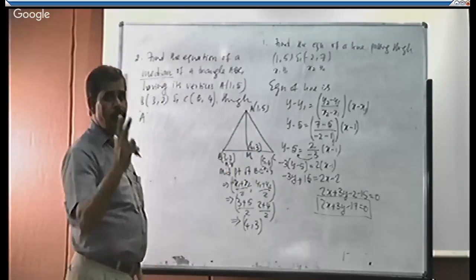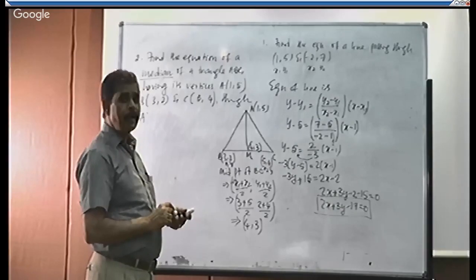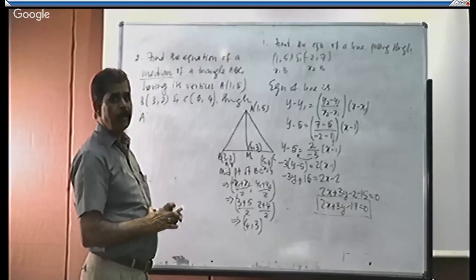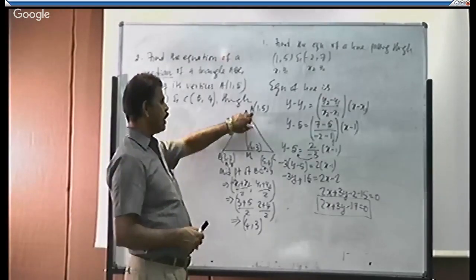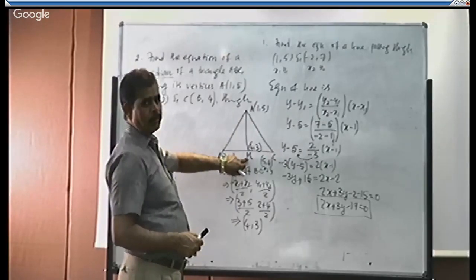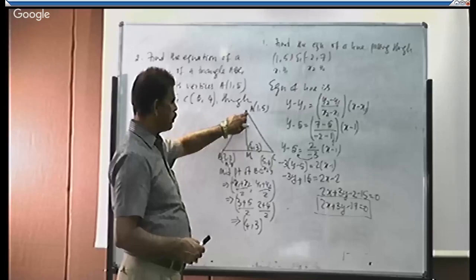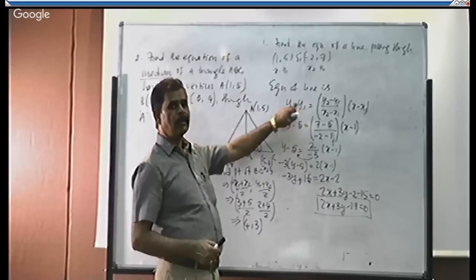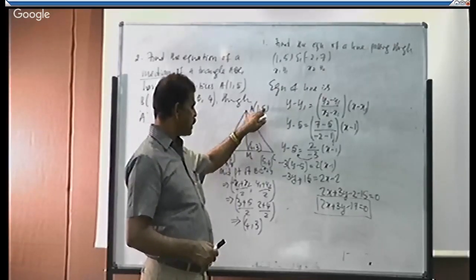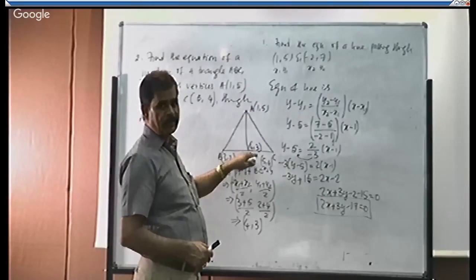Now we have two passing points of the median, the two ends of the median we obtained. One is A, the other one is M. So how to get the equation of median AM? Use the 2-point formula, substituting these as x1, y1, x2, y2.